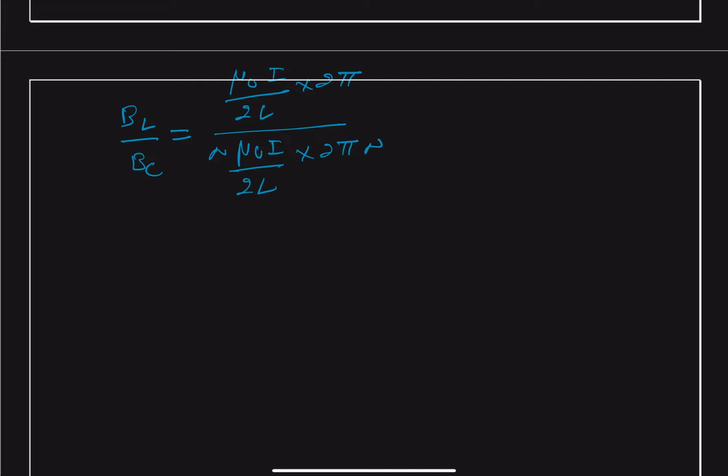So almost all the terms are going to cancel out. We are left with 1 upon n square.